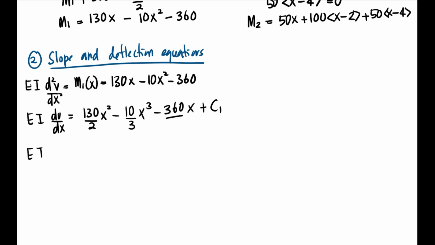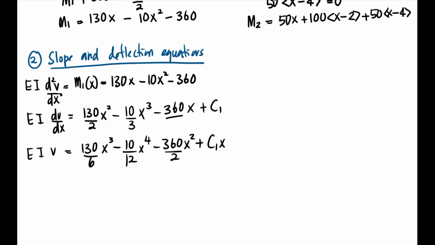Then integrate again: 130x³ over 6 minus 10x⁴ over 12 minus 360 divided by 2 x² plus C1x plus C2. As usual, this is equation 1 and this is equation number 2.